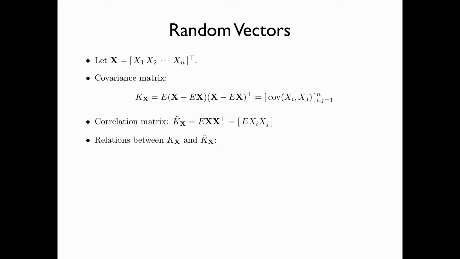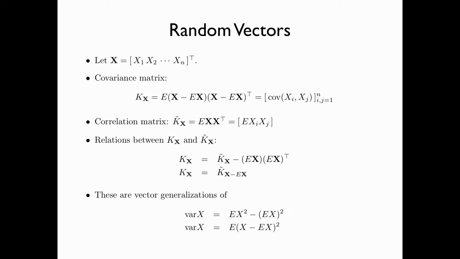The covariance matrix and the correlation matrix can be related in two ways. First, K_X is equal to K tilde X minus expectation of X times the transpose of expectation of X. Second, the covariance matrix K_X is equal to the correlation matrix K tilde of the random vector X minus expectation of X. These two relations are actually vector generalizations of the following two relations.